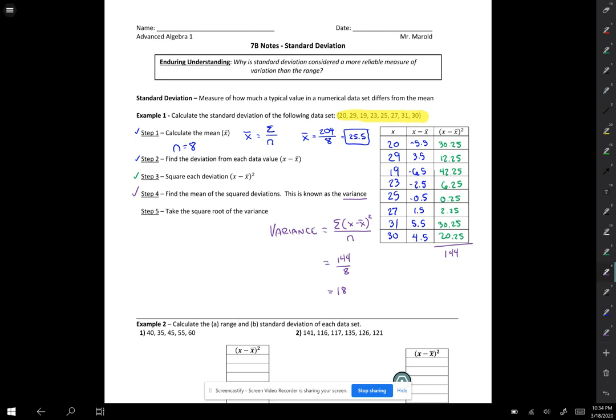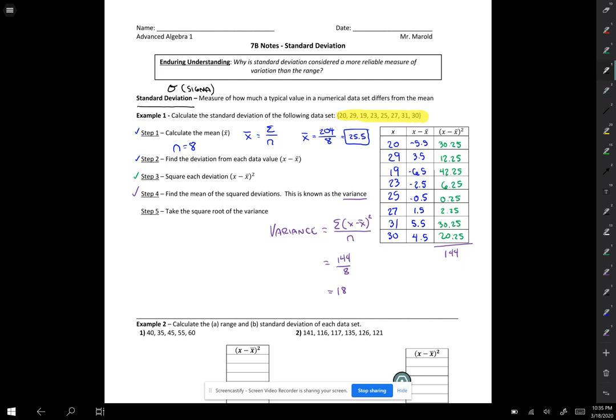Step 5, we're going to find the standard deviation. For standard deviation, we use the symbol sigma. We use a lot of Greek letters in statistics. It's basically a circle with a little line on top of it.